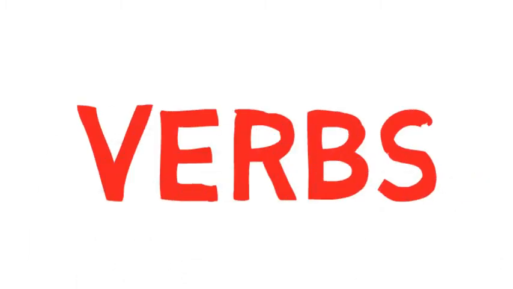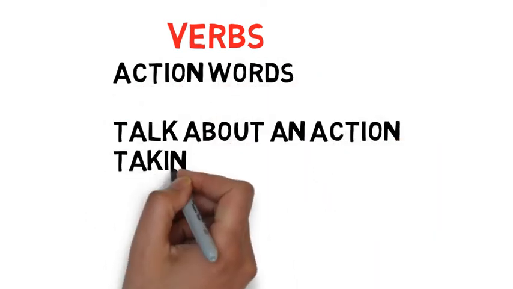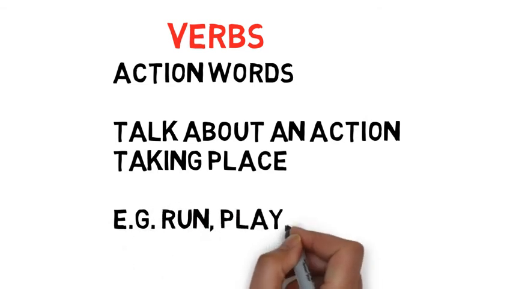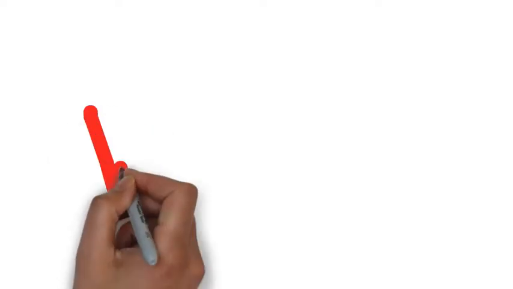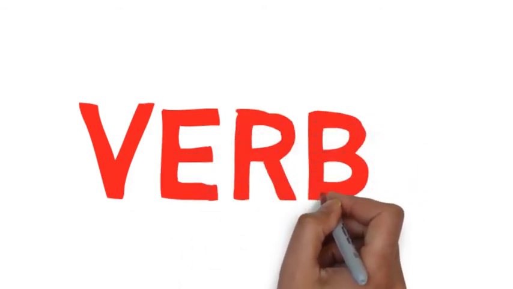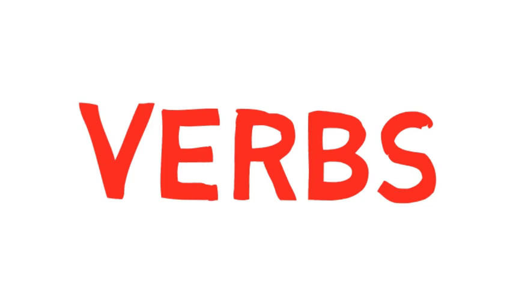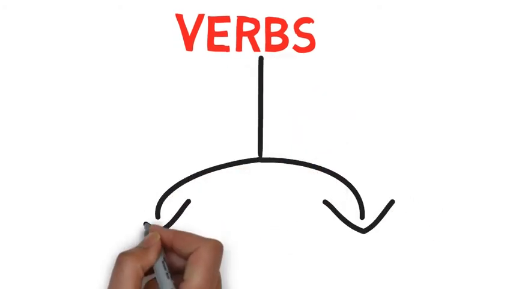The third part of speech now is verbs. Verbs are action words. Every action that takes place around us is a verb of some sort. Now, there are 2 different types of verbs. We did gerunds and infinitives. Now, what is a gerund?